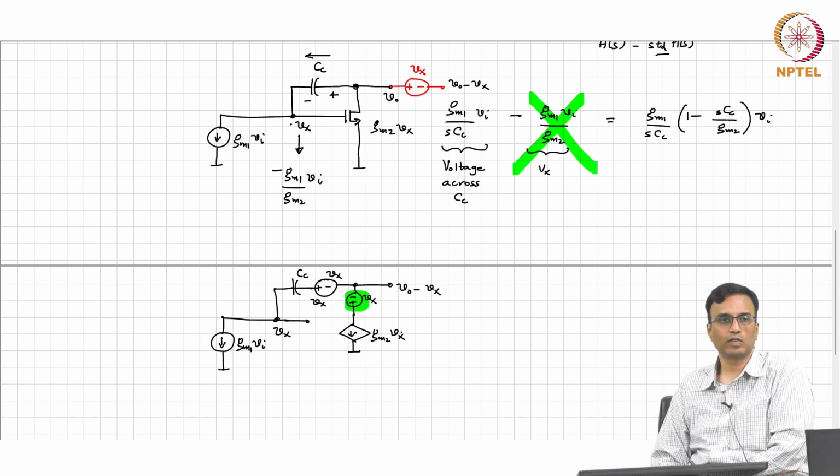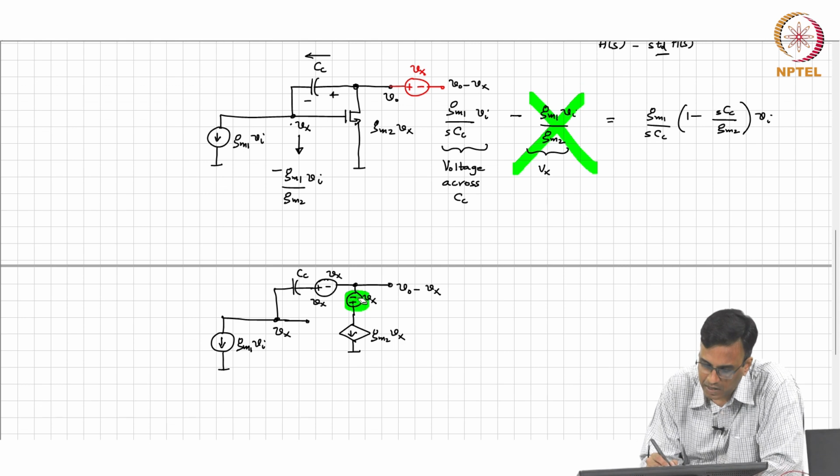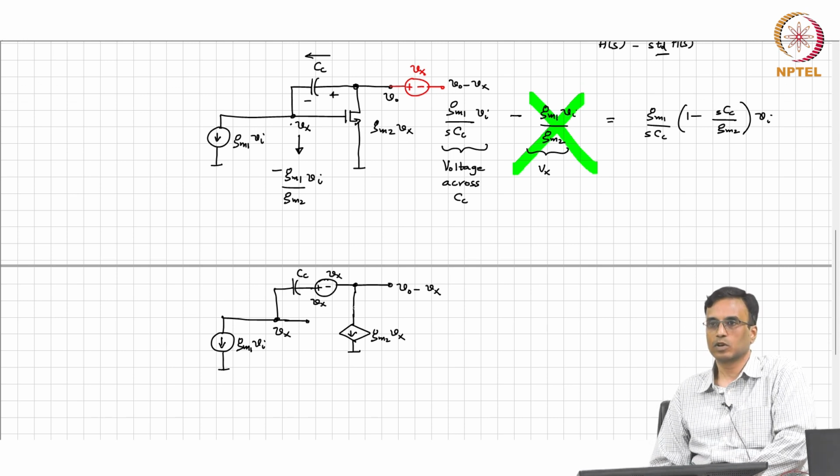So if you have a voltage source in series with a current source, what is the effect of the voltage source? What does the voltage source do? Nothing. So do we need that voltage source Vx in series with GM2 in the drain of the transistor? It doesn't affect anything, so it's not going to change the current. Because it's in series with a current source, we can remove it.